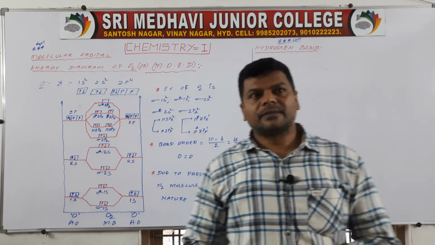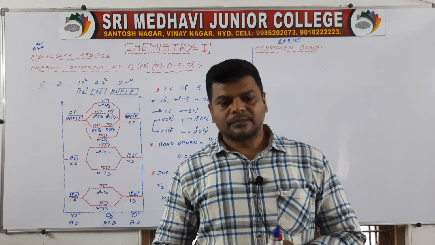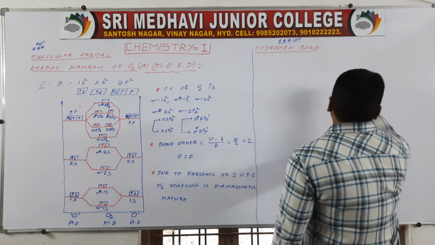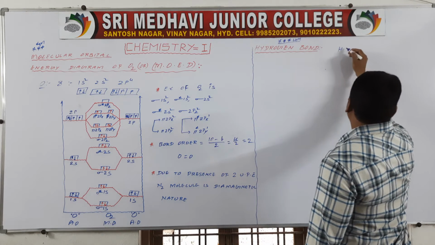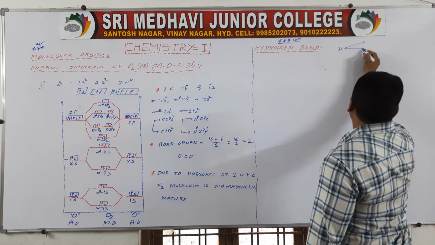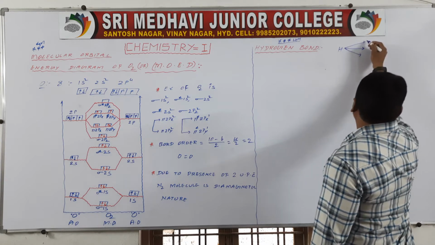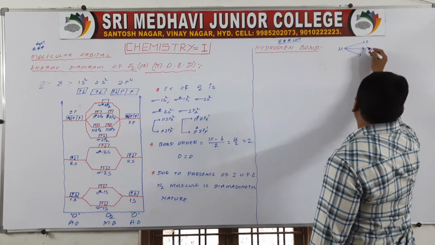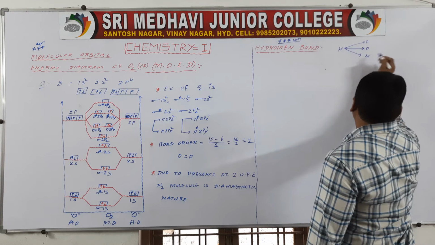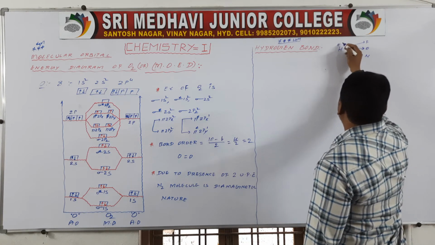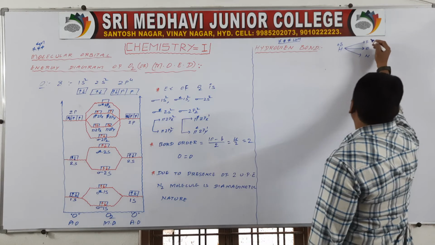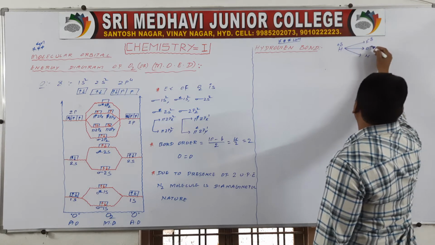If you take hydrogen atom which is bonded with fluorine, oxygen or nitrogen, which having partially positive charge and which having negative charge.